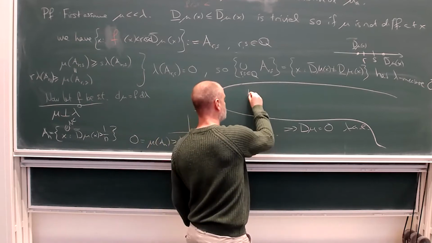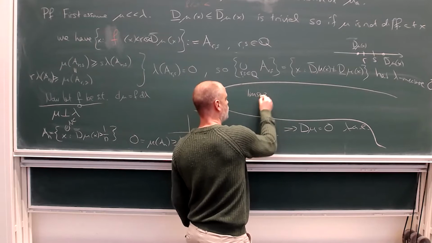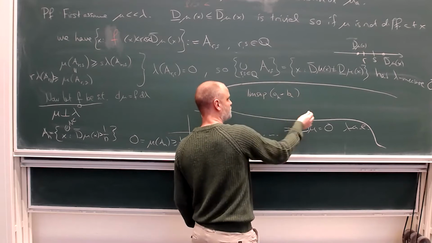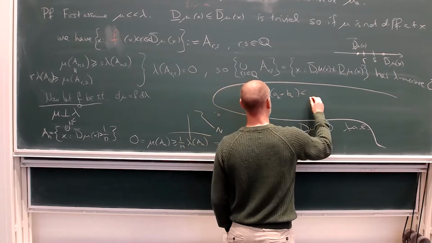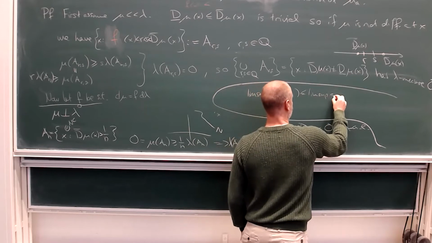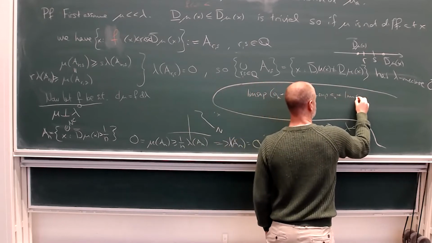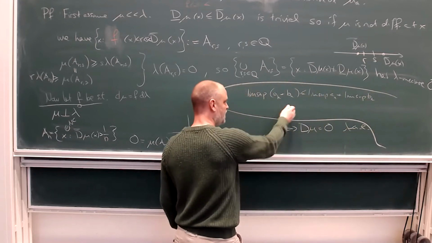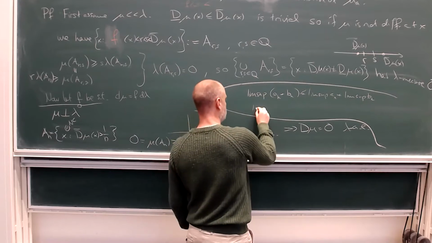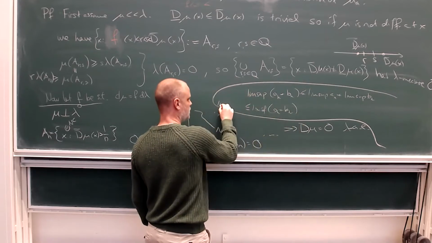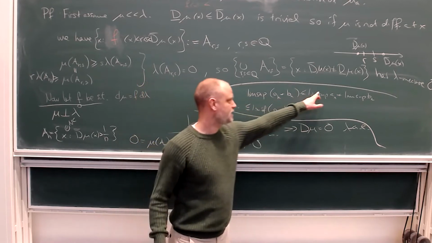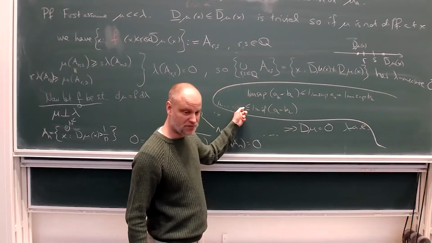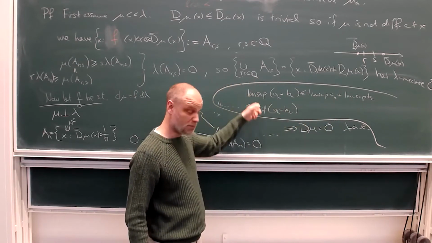If you have a sequence a_k and a sequence b_k, and you want to look at the lim sup of the sum, well, this is less than or equal to the lim sup of a_k plus the lim sup of b_k. And with the lim inf, you have the reverse inequality, right? So if the lim inf with the a_k is equal to the lim sup, and the lim sup with the b_k is equal to the lim inf, that I didn't write out, then these two are going to be the same.